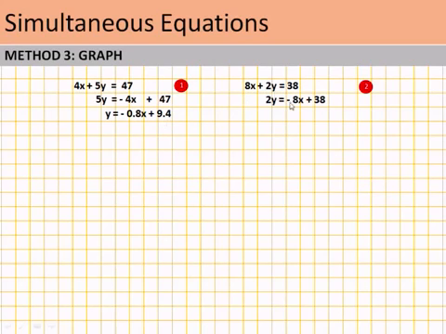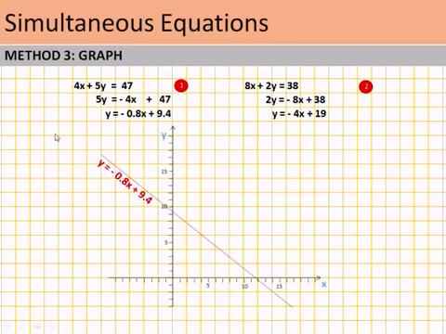Similarly, the other one, take away 8x from both sides, divide both sides by 2, and we can see that that's the same as y equals minus 4x plus 19. Now, with those written in those formats, y equals something x plus something, it's easy to make graphs of them, because we know that the number on the end is where the graph cuts, and the number in front of x is the gradient, how steep it is.